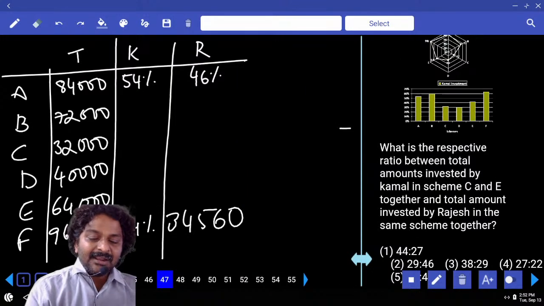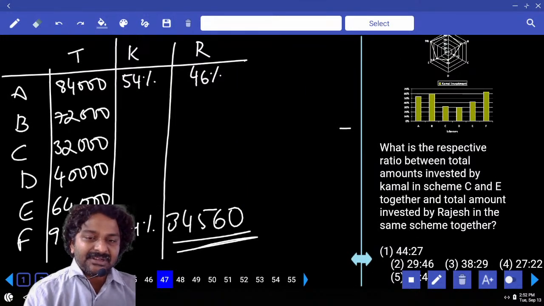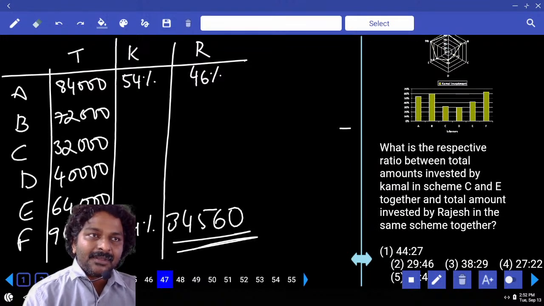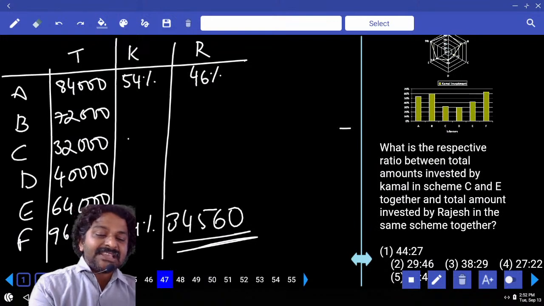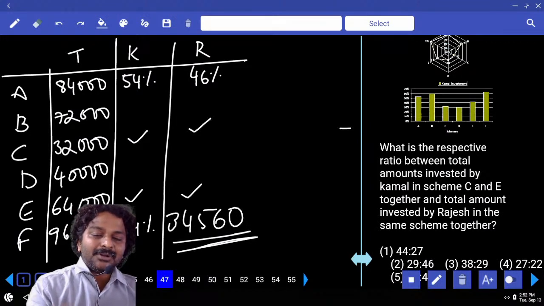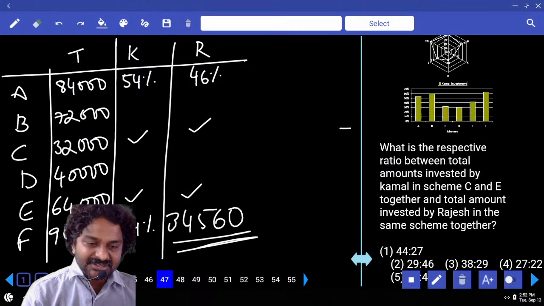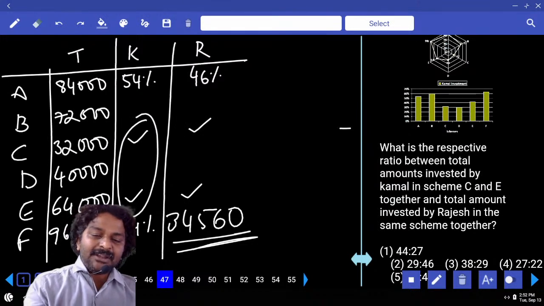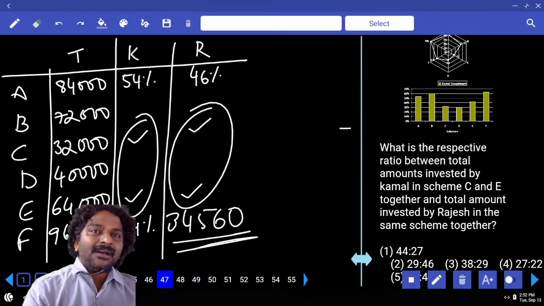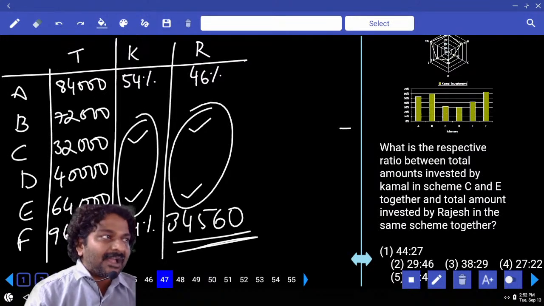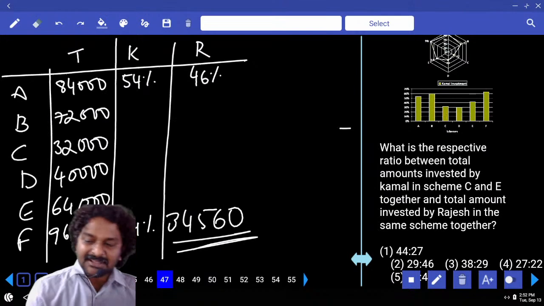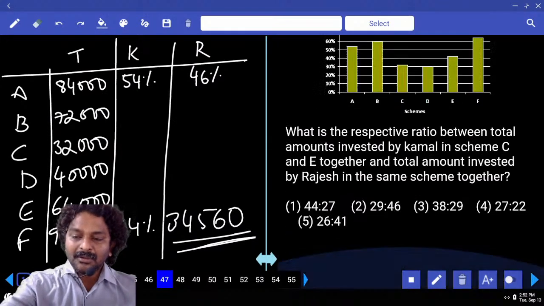C and E, like we calculated for the previous question for Rajesh's investment in scheme F. Like that, for both C and E schemes we have to calculate the conversion, the sum of Kamal's investment and the sum of Rajesh's investment, and then calculate the ratio. Do the conversion the same way as we did earlier.